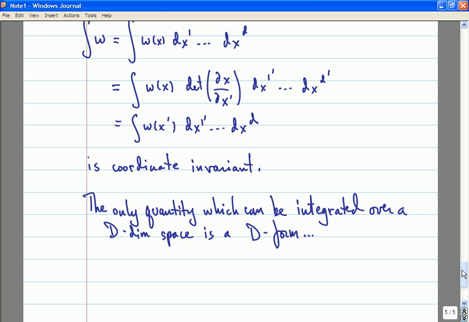Likewise, if you ever want to integrate over the world line of a particle, what you must integrate is a 1-form. So, for example, a 1-form can be integrated over a world line.